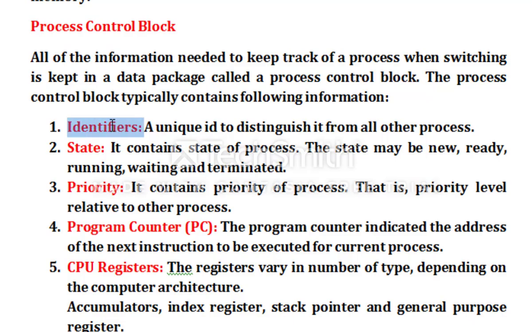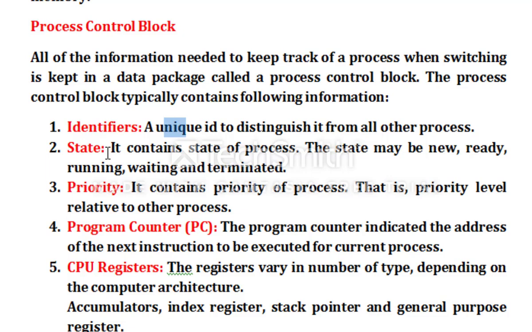First, identifier. It is just a unique ID. At the time of creating the process, the operating system provides a unique ID to a process, which is known as PID, process ID. So it becomes the identifier for the operating system, a unique ID to distinguish it from all other processes.